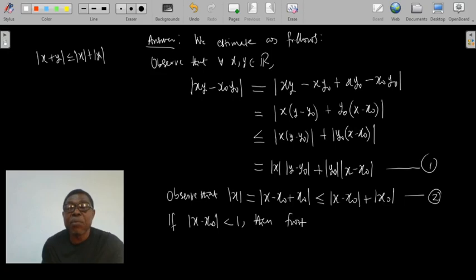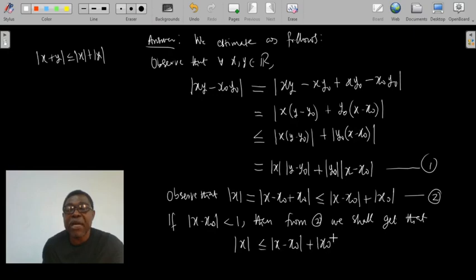Then from 2, we shall get that the absolute value of x will be less than or equal to the absolute value of x minus x naught plus the absolute value of x naught. And this will be strictly less than 1 plus the absolute value of x naught.